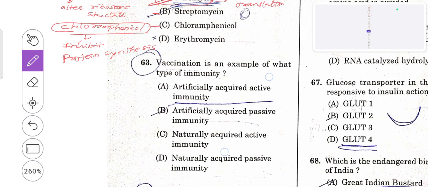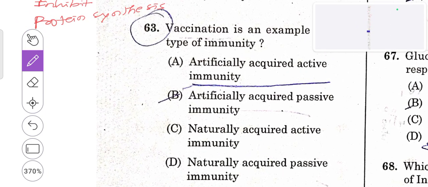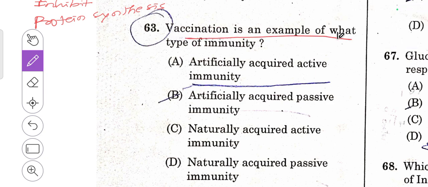Then 63rd question, vaccination is an example of what type of immunity? Vaccination is one of the passive immunity, where ready-made antibodies are injected into the body, and it is a fast process compared to innate immunity.